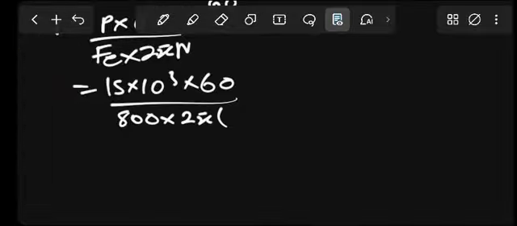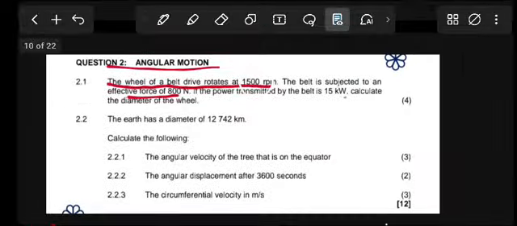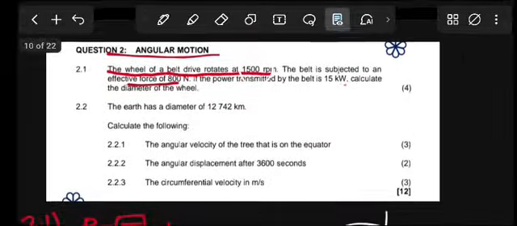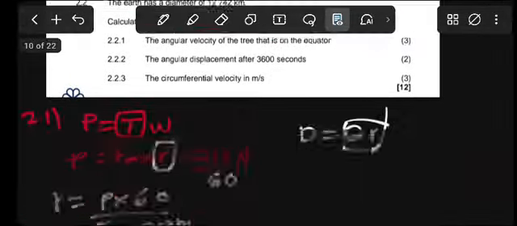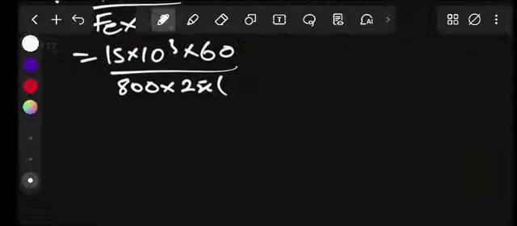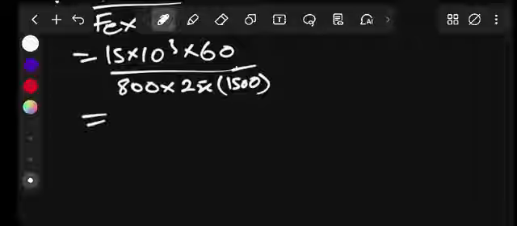Then what is our speed there? N is 1,500 revs per minute. If we punch that in, we get 0.119. Remember, it's in meters.